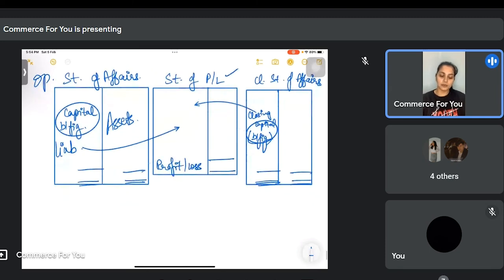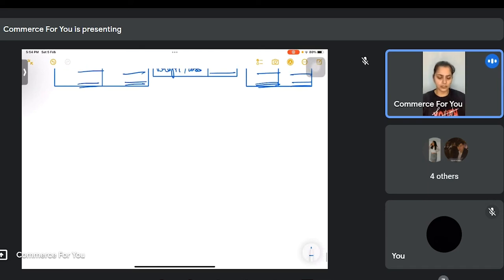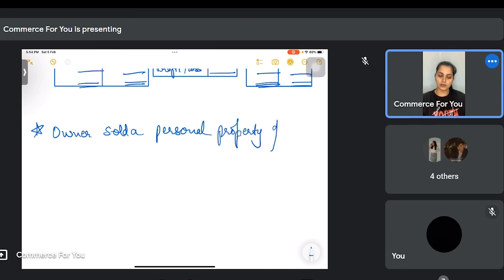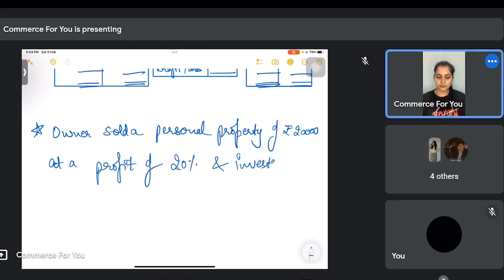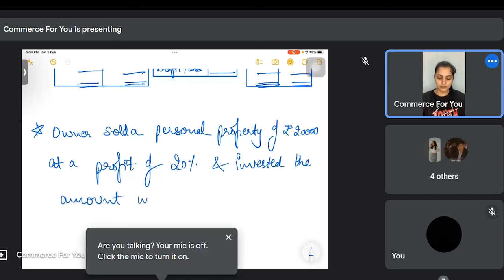Now they play some tricks on additional capital. In general, they'll say the owner sold a personal property or investment of rupees 20,000 at a premium or profit of, let's say, 20%, and invested the amount in capital.